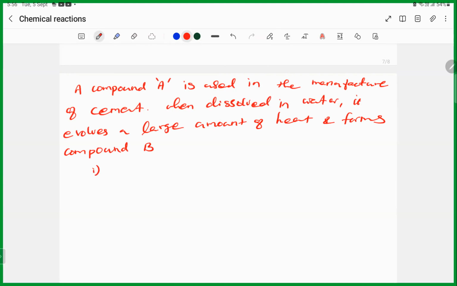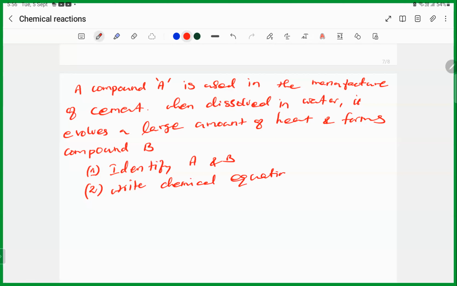Number 1, identify A and B. Number 2, write the chemical equation for the reaction of A with water.